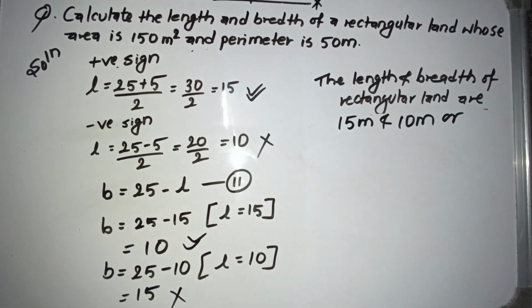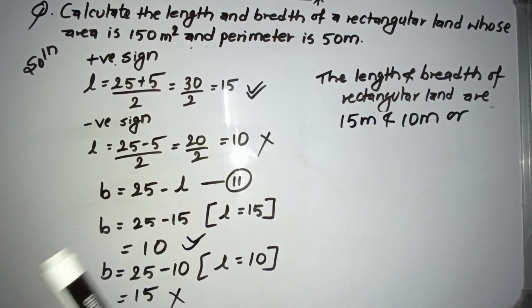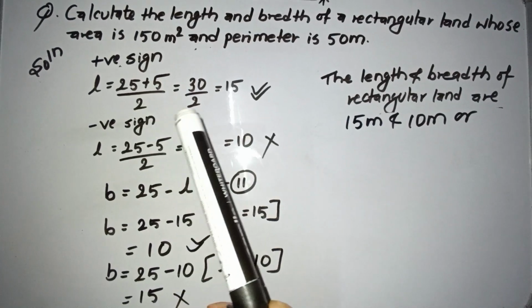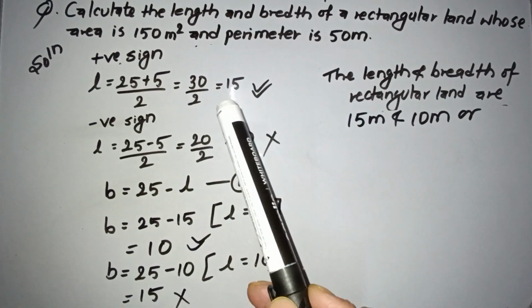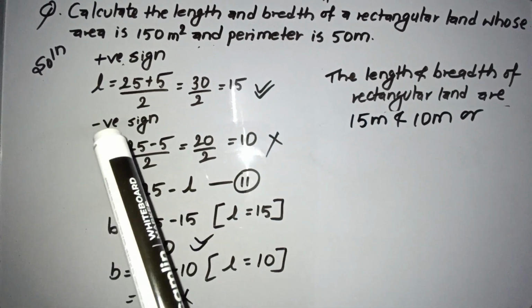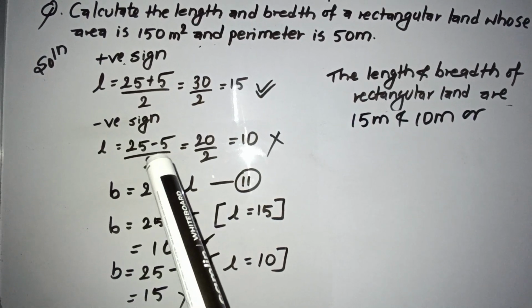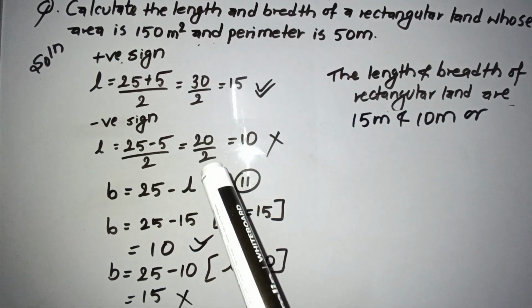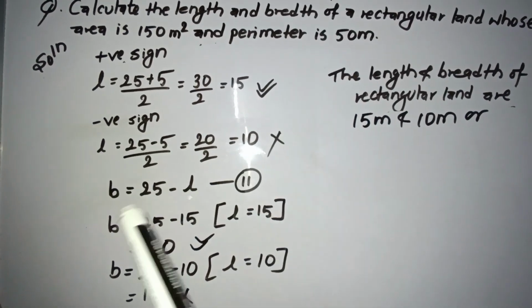If we take the positive sign, that is plus, then we have L equals 25 plus 5 divided by 2, that is 30 divided by 2 equals 15. If we take the negative sign, that is L equals 25 minus 5 divided by 2 equals 20 divided by 2 equals 10.